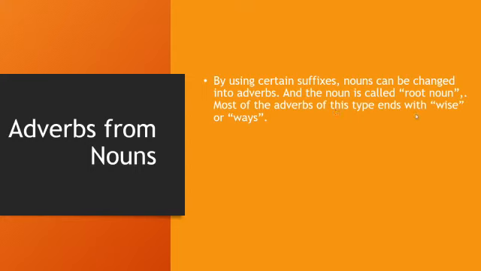Most of the adverbs of this type end with wise or ways. Means the adverbs you form from the noun will end in wise or ways. Not always, but mostly, like clockwise, anti-clockwise, sideways. These are a few examples. You can make your own adverbs from nouns, verbs and adjectives. So try to make new adverbs and use them in your sentences.